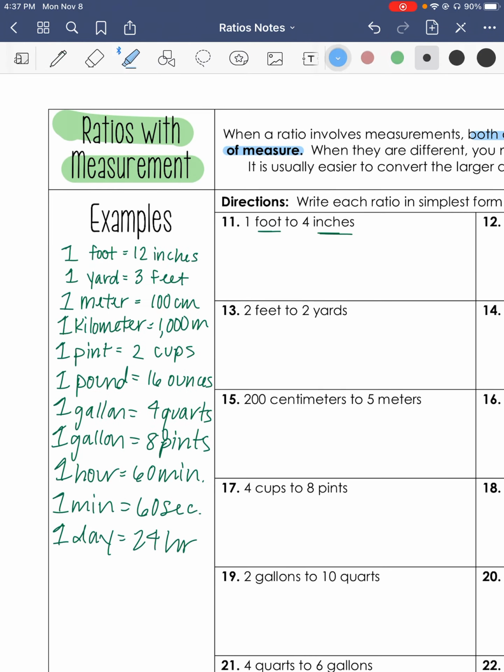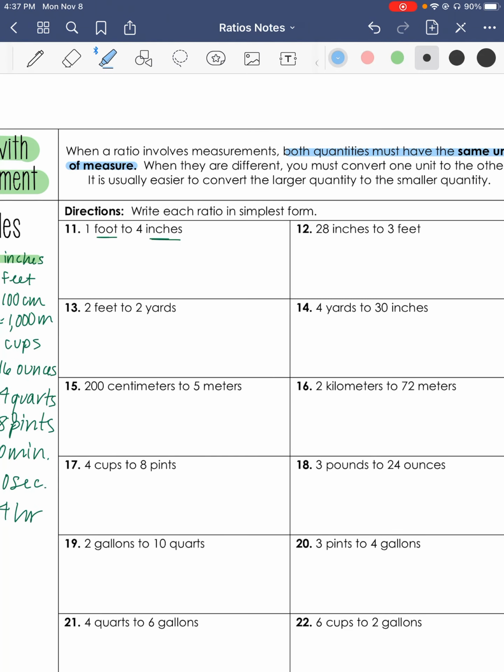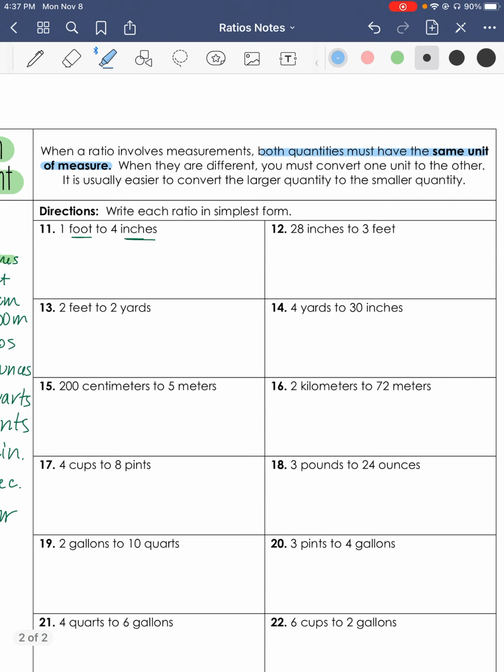Okay, so let's look at this first one, foot to inches. And I have over here that 1 foot is 12 inches, right? Most of you probably know that, but it's on here just in case you don't know or you forgot. So let me get back to this up here. In the instructions here, it says when they are different, you must convert one unit to the other. We talked about that. It is usually easier to convert the larger quantity to the smaller quantity.